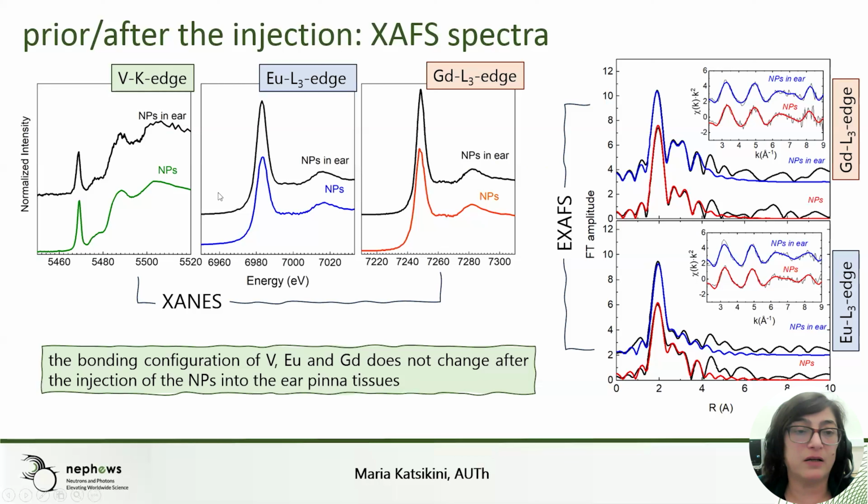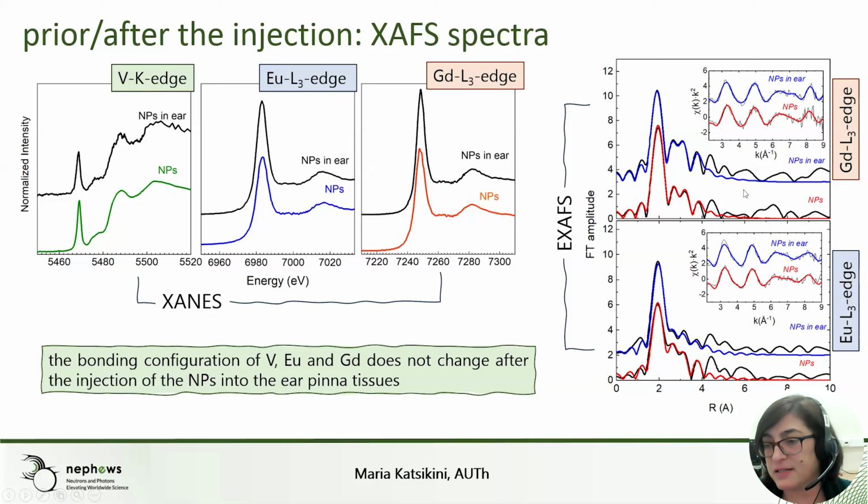So let's compare the spectra prior and after the injection. The XANES spectra at the vanadium K edge, europium L3 edge, and gadolinium L3 edge, and the EXAFS spectra at the gadolinium and europium L3 edge, k space, R space. Nanoparticles prior to the injection, after the injection, here also prior to the injection, after the injection.